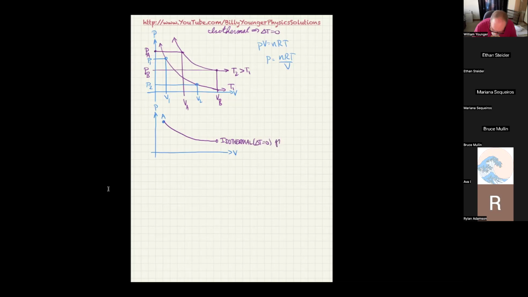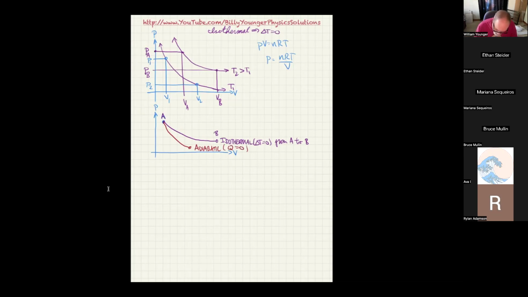This is from A to B. So I'd call this position B there and that one A, and I put a purple dot there. But you could also have an adiabatic process, and that's what that would look like. And that is Q equals 0.